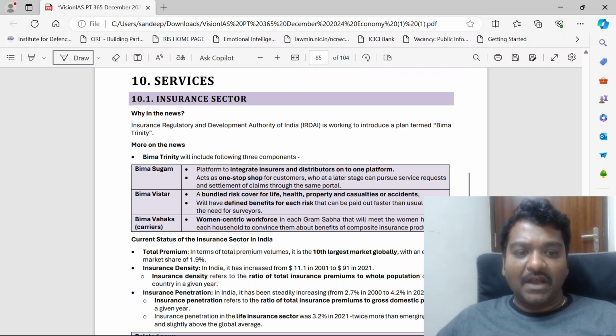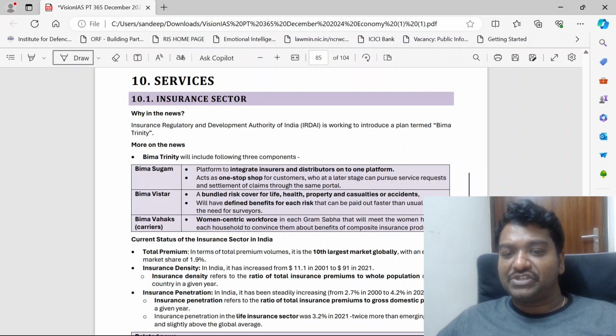Please see this. Bima Trinity, Bima Sugam, Bima Vistar, Bima Vahaks. Platform to integrate insurers and distributors on to one platform. Acts as one-stop shop for customers who are at a later stage can pursue service requests.